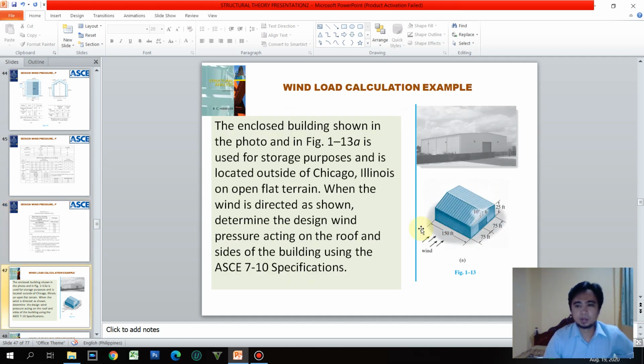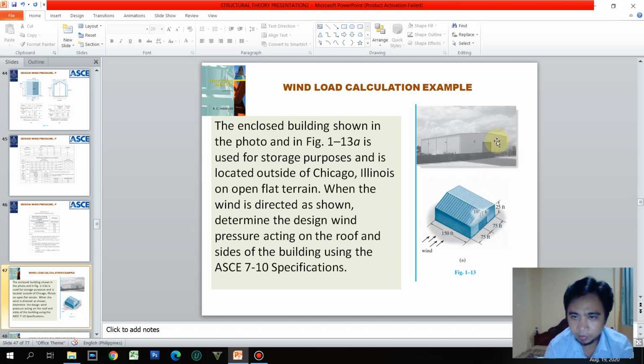So let us consider now an example. The enclosed building shown in the photo is used for storage purposes and is located outside of Chicago, Illinois, on open flat terrain. When the wind is directed as shown, determine the design wind pressure acting on the roof and sides of the building using ASCE 7-10 specifications.